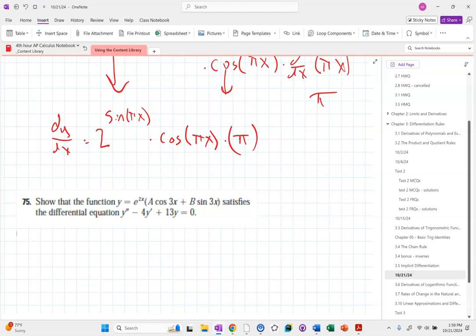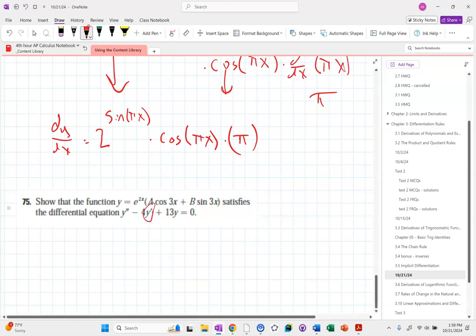Okay, so it says show that the function yada yada yada satisfies the differential equation y double prime minus 4y prime plus 13y equals 0. Okay, so my plan here is going to be to find the first derivative and then plug it in for y prime. The second derivative, plug that in for y double prime, and then we'll just plug regular old y into that. And hopefully that'll all simplify out for us.